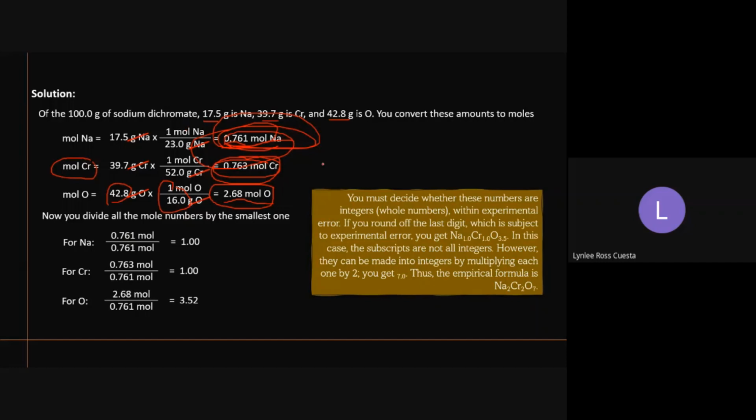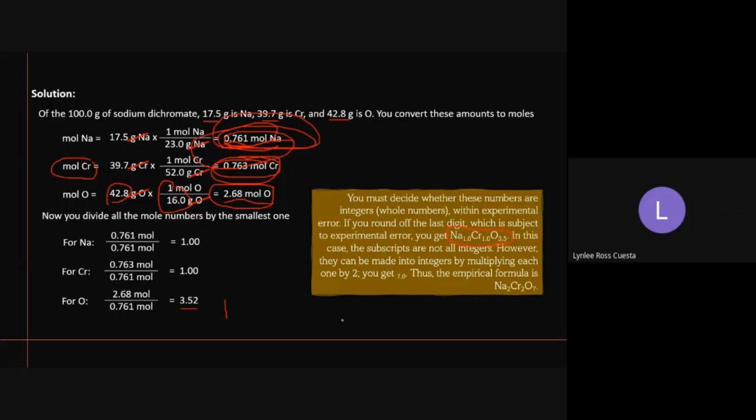If you round the last digit, you'll be having 3.5. So in this case, the subscripts will not all be integers. It's illustrated here: they are not all integers since you have 3.5.